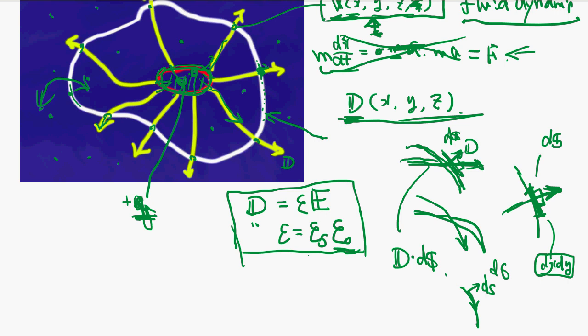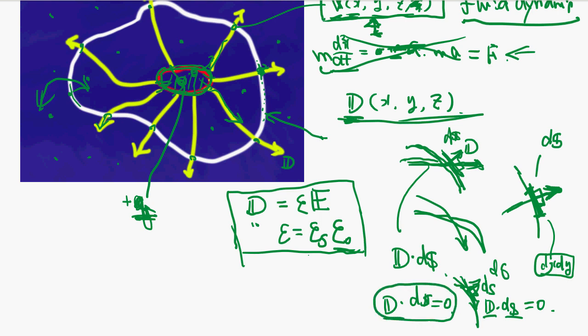This is the dS. D is flowing out or flowing in to the enclosed area. You do D dot dS, it is 0. So at 90 degrees, the inner product of the vectors D and dS is 0, right? So only the component going along with this dS, which is pointing 90 degrees outside of this surface element, is going to be the actual quantity.